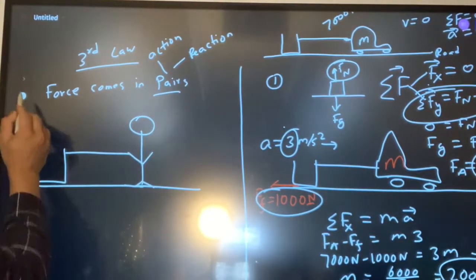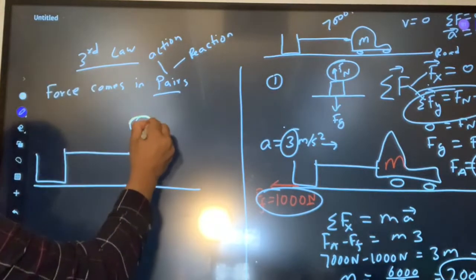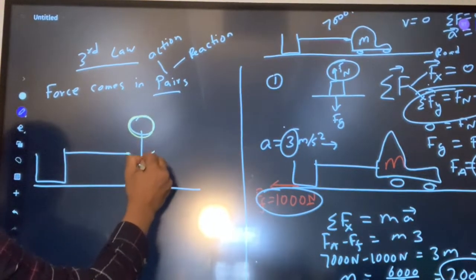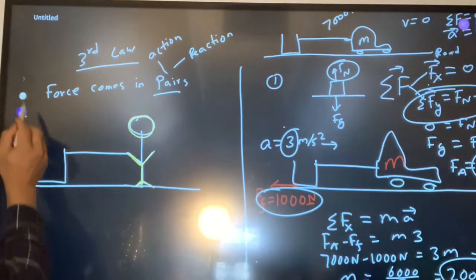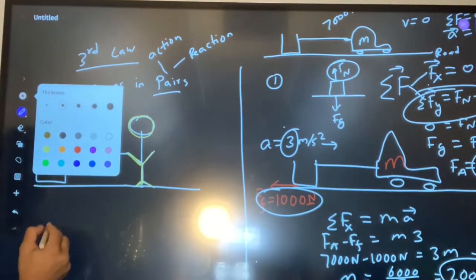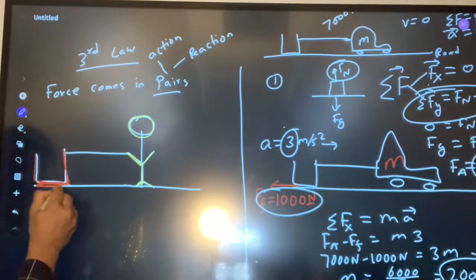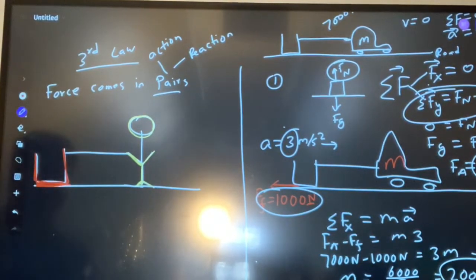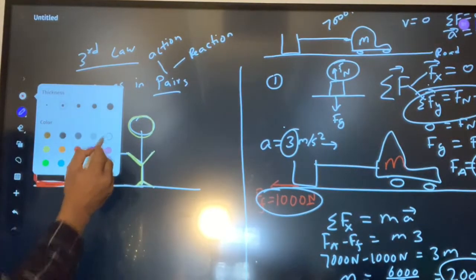Object number 1, I'm going to change the color, the driver, yellow. Object number 3, I'm going to change the color, red. So I have 3 objects. All right, let's tackle one at a time.